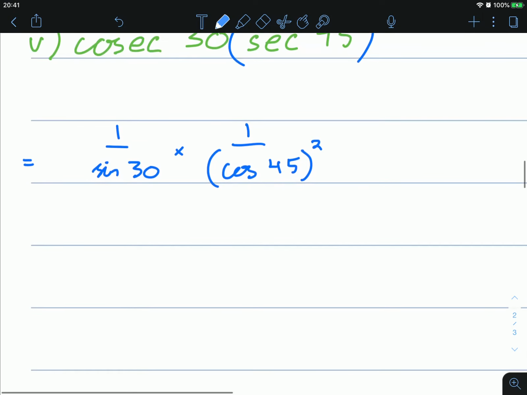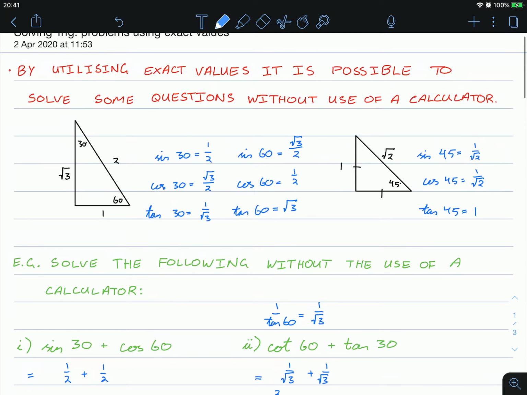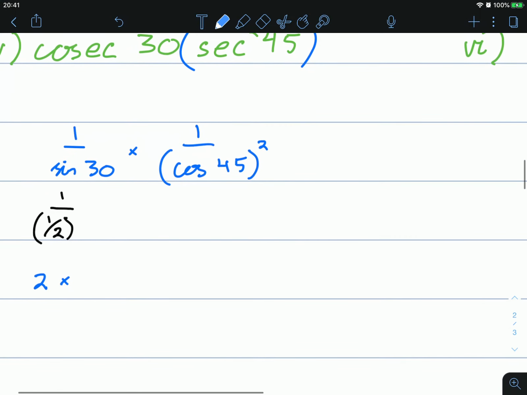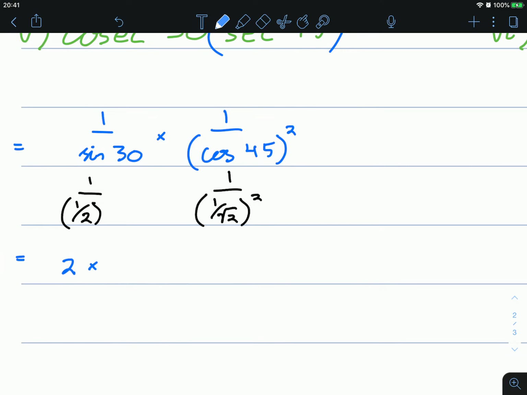So 1 on 1/2 is the same as 2, times sec 45 squared. Cos of 45 is 1 on root 2. So this is going to be 1 on 1 on root 2 squared, which is 1 on 1/2, which is equal to 2 as well. That gives us a total of 4.